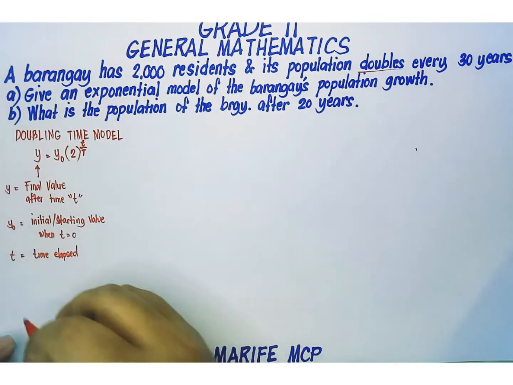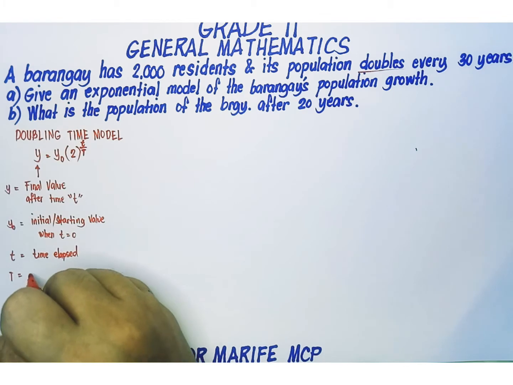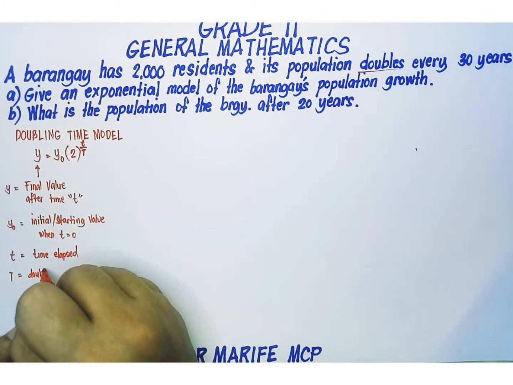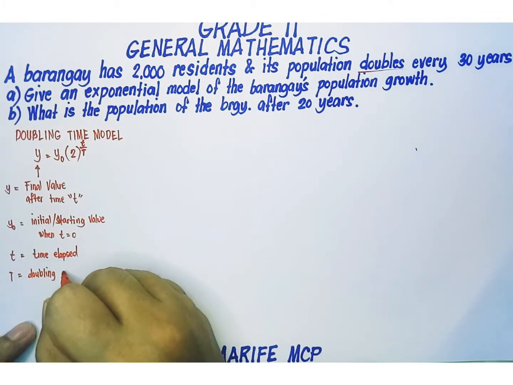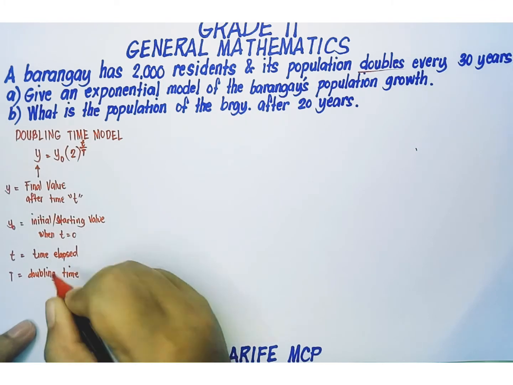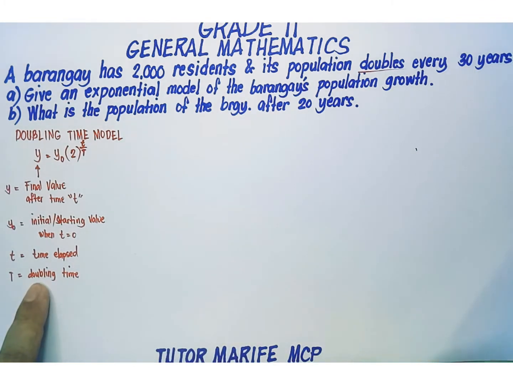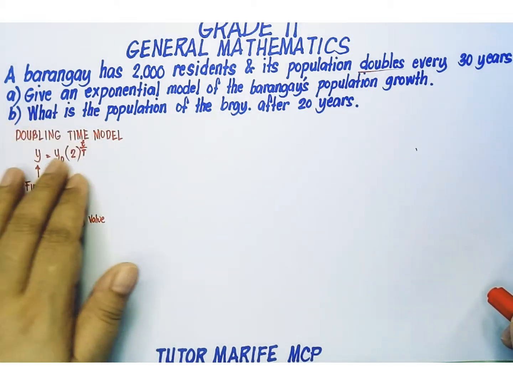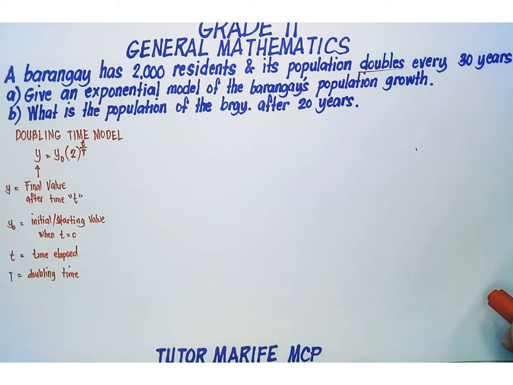Itong capital T naman is the doubling time. Oh, this is your clue. Doubling. So, ibig sabihin, it's the amount of time it takes for a given quantity to double in size or in value. Okay. So, iyan ang mga components ng ating doubling time model.